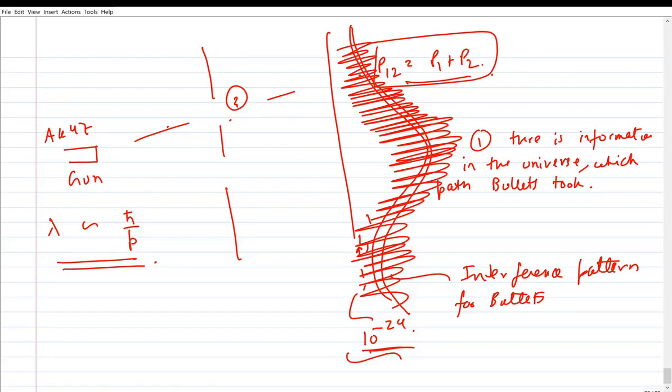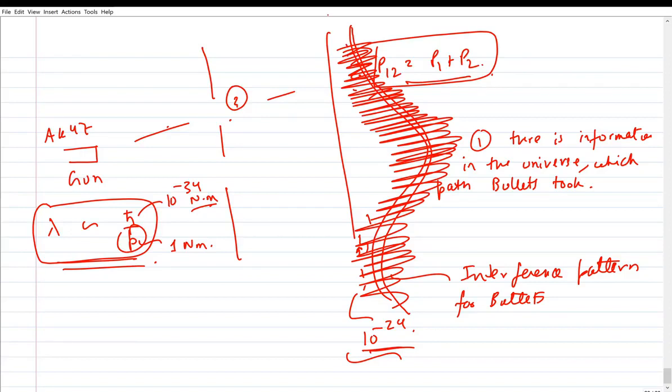Similarly, even if there is an interference pattern because of the bullet and because of the really tiny wavelength, like the bullet's momentum would be, let's say, 1 Newton meter, and Planck's constant is of the order of very tiny, I think 10 to the power minus 34 Newton meter or something like that. So the interference pattern you see is so tiny, you're not even able to resolve a minima and a maxima of an interference fringe.